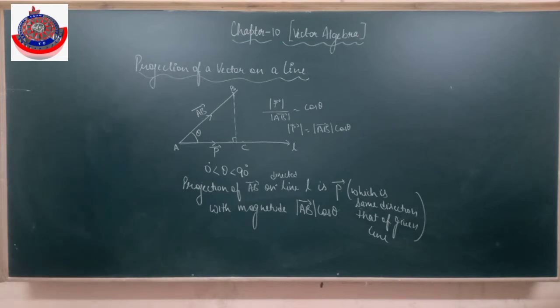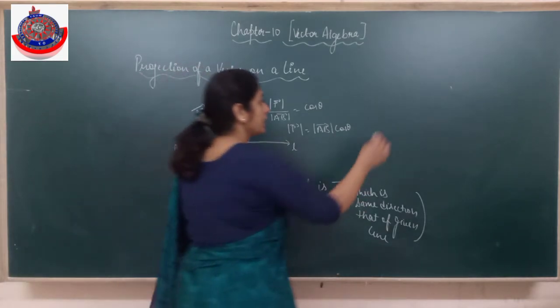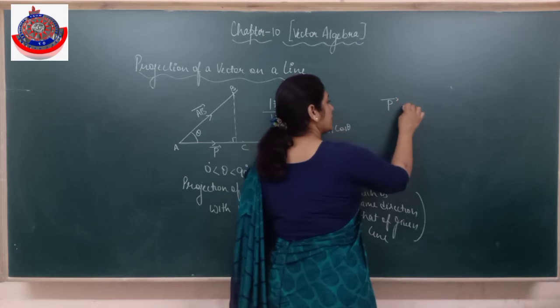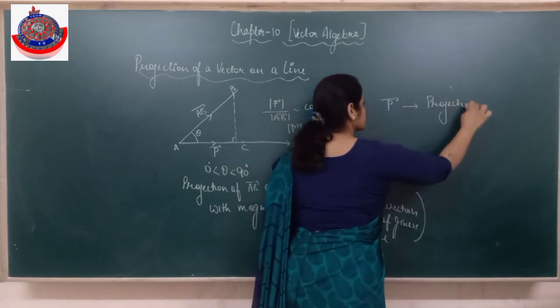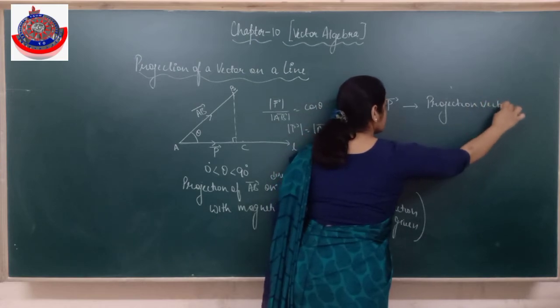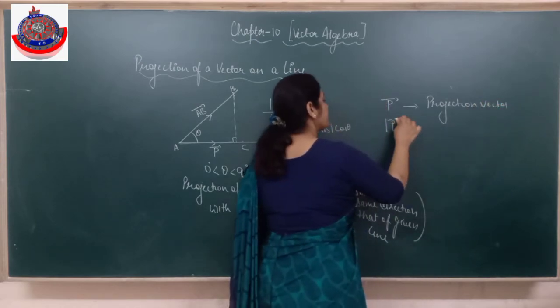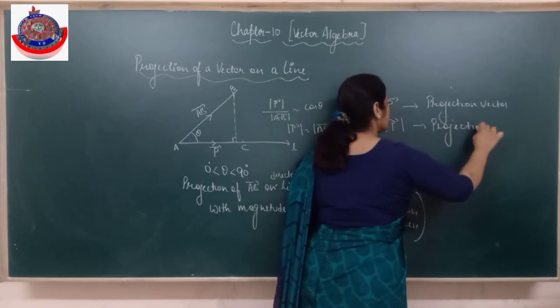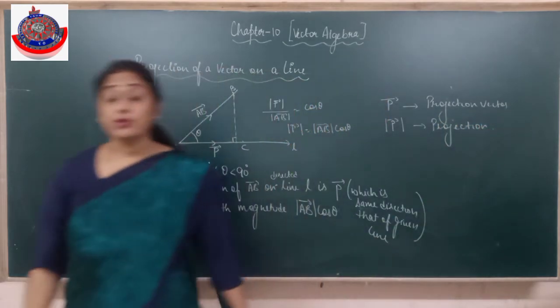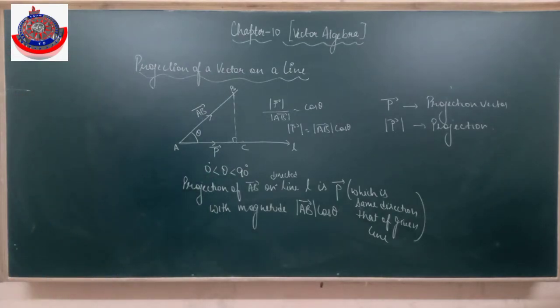This P is called the projection vector. And the magnitude of P is simply called the projection, the length of it. Vector P is called the projection vector and the magnitude is called the projection. Is it clear to everyone? Alright.